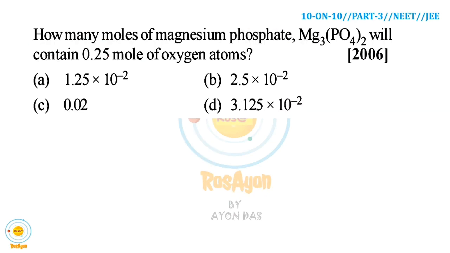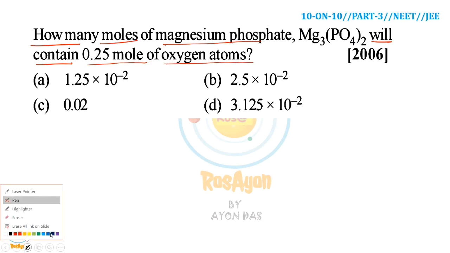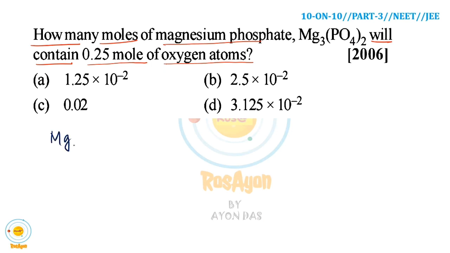See the ninth problem. How many moles of magnesium phosphate will contain 0.25 mole of oxygen atom? If you see the formula of magnesium phosphate, that is Mg3(PO4)2. That means one magnesium phosphate molecule contains 8 oxygen atoms.